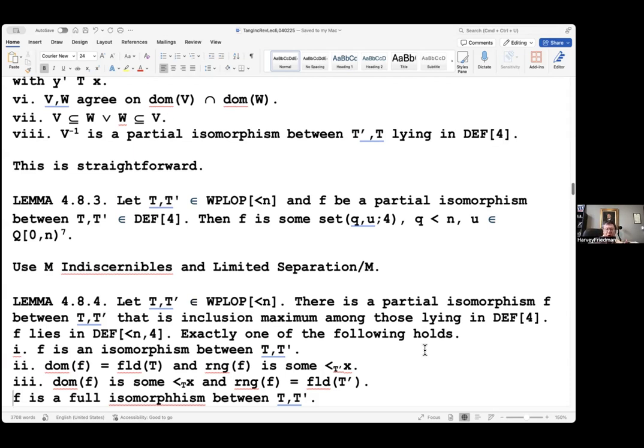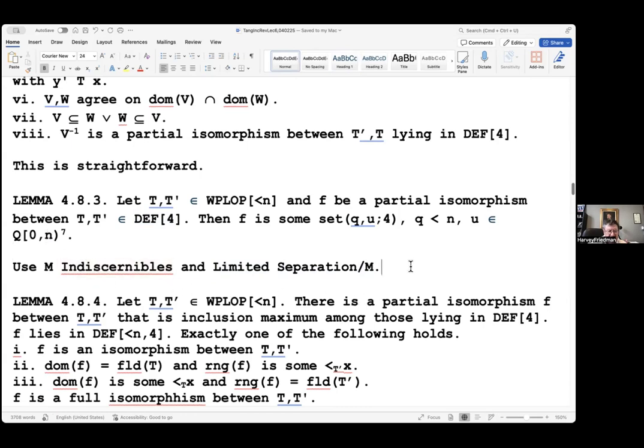Because all you know is that the partial isomorphism is defined maybe upstairs somewhere with bounded quantifiers. So then how do you get it to be low level? Well, that's handled almost entirely by limited separation. But an M indiscernible is needed to make sure that we can keep everything below n.